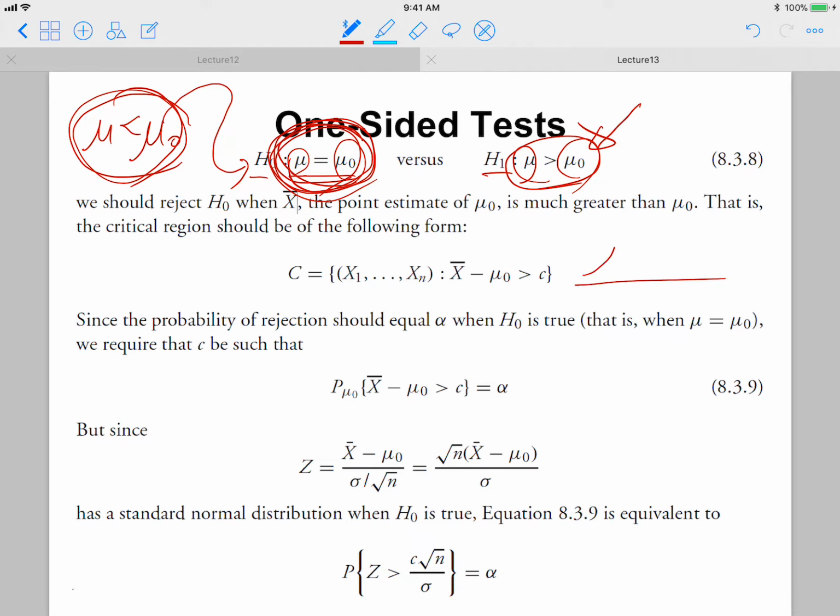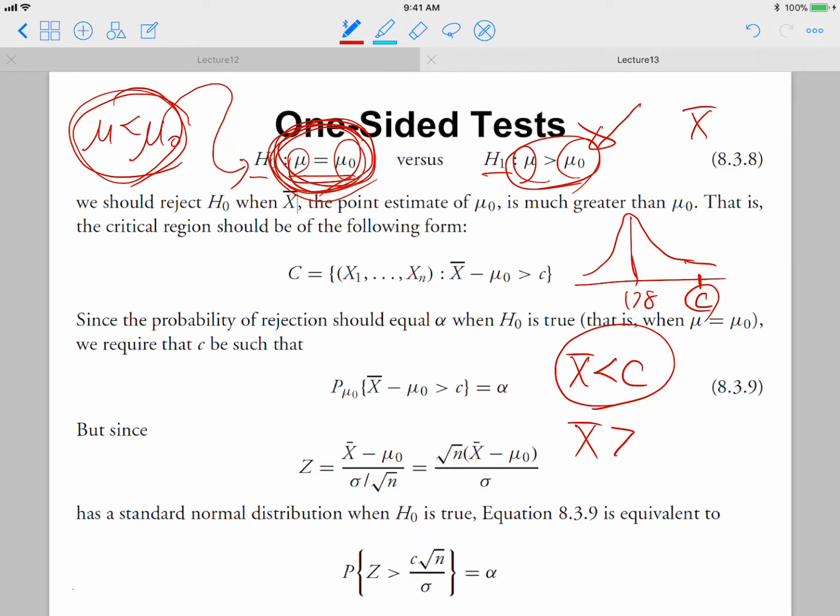Okay, and then with the null hypothesis having mean 175, what will be the critical region, and what will be our sample mean and the regions for acceptance and rejection? It will correspond to this. The acceptance region will be where we have a critical value which works as a threshold, and x bar satisfies this, and the rejection or critical region will be x bar being greater than c, or maybe equal to c, right?